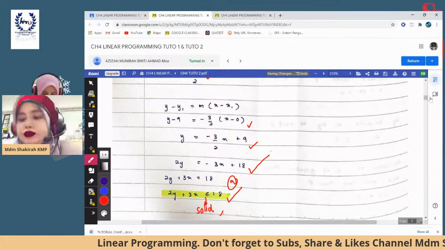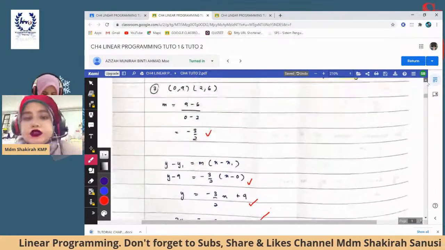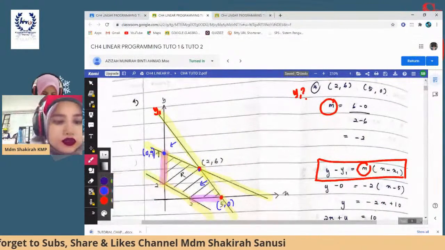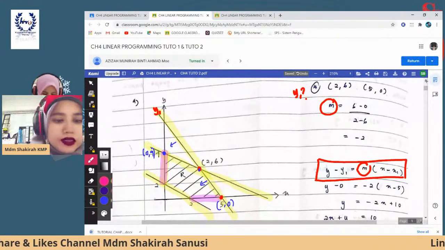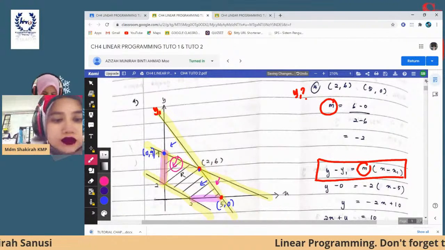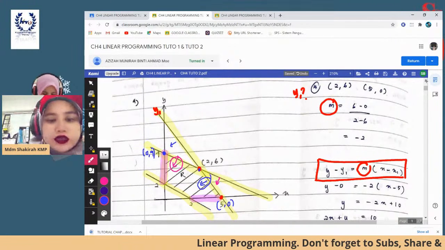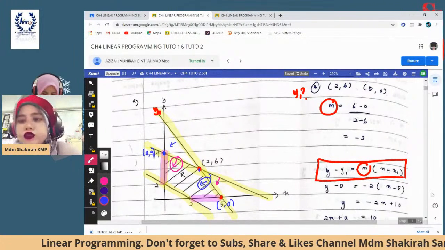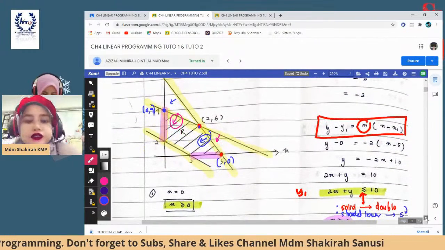Okay, kenapa dia less? Sebab jom kita tengok dia punya shaded bawah kan. Nampak shaded yang ni yang kita guna. Jangan ambil shaded yang tak ada kaitan tu, yang tak ada shaded tu. Kita ambil shaded yang saya bulat tu. So that's why we use less.